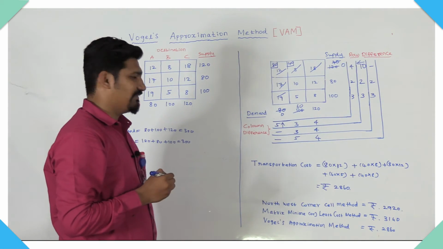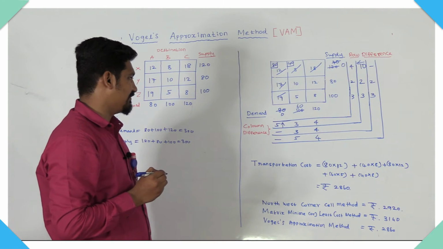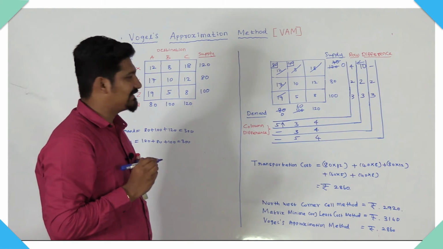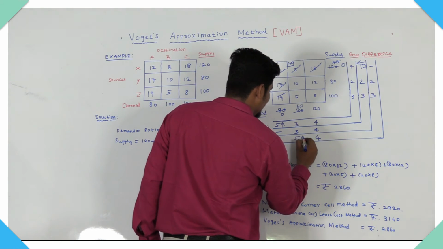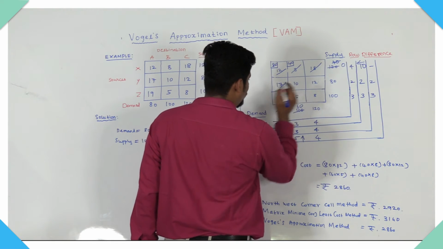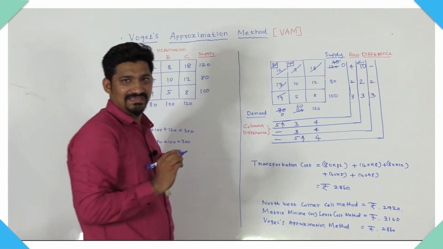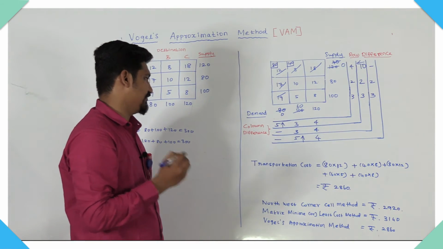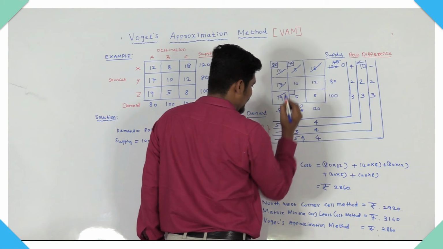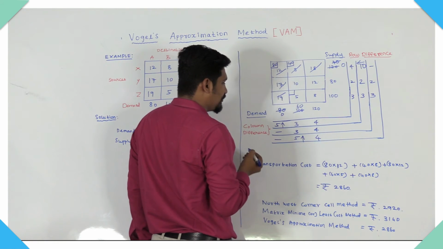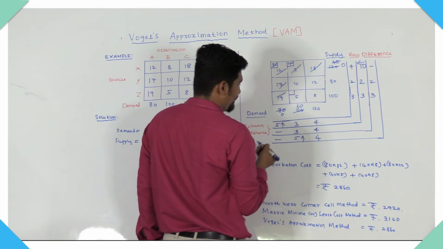Among these values, that is row difference and column difference, we select the maximum penalty, that is 5. The maximum penalty occurs in column 2. Now find the cell with the least value. Select this cell. Now we need to compare demand and supply.